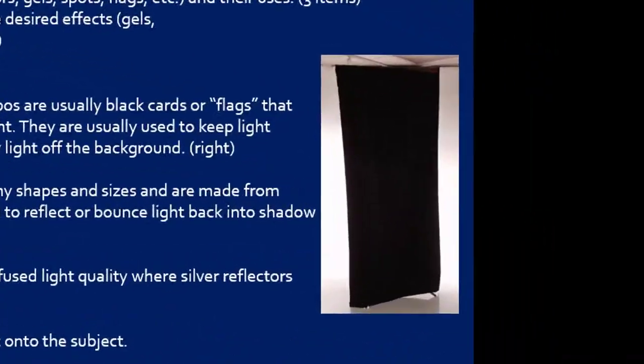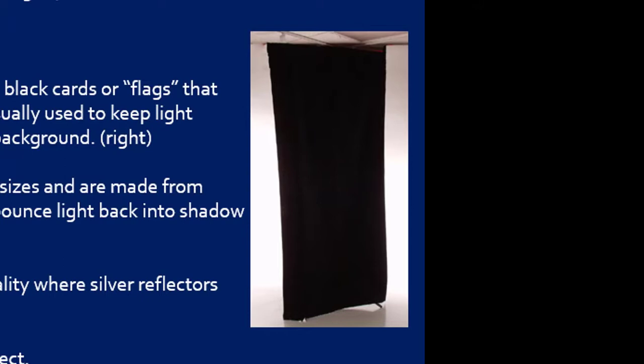In this reference, a gobo is anything that you put in between the light source and something else. So you could put a gobo in between a main light and, let's say, a background to keep light from striking the background. You could put a gobo or a flag in between a light and maybe the foreground so that you don't want light spilling onto the foreground.